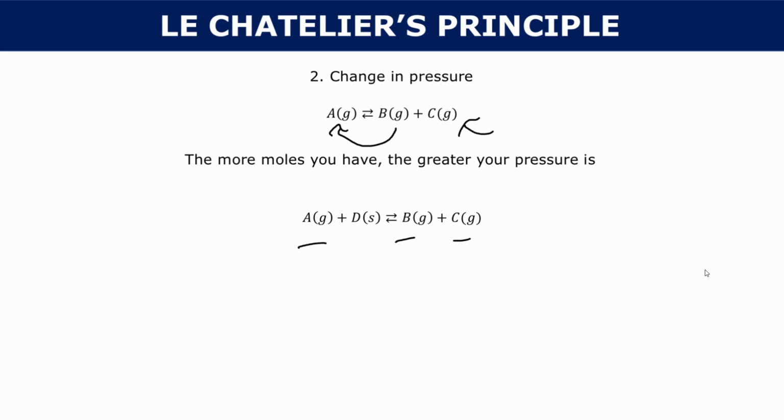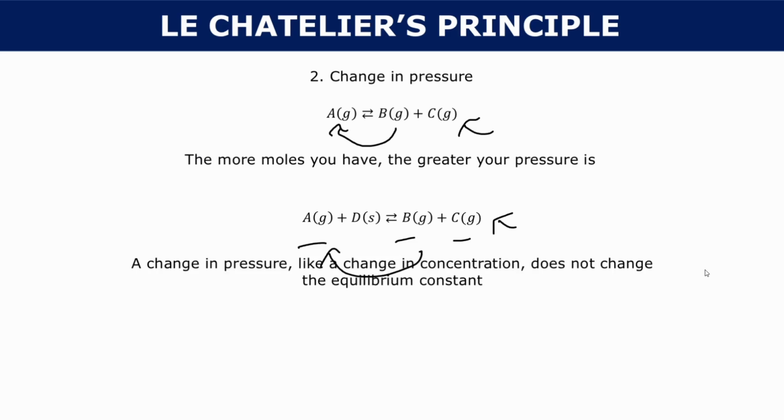In this case, if you were trying to decrease the pressure, you would still increase the reverse reaction. And similarly, a change in pressure, like a change in concentration, does not change the equilibrium constant. The system works to revert back to its initial equilibrium condition, so a change in pressure is not going to change your equilibrium constant.